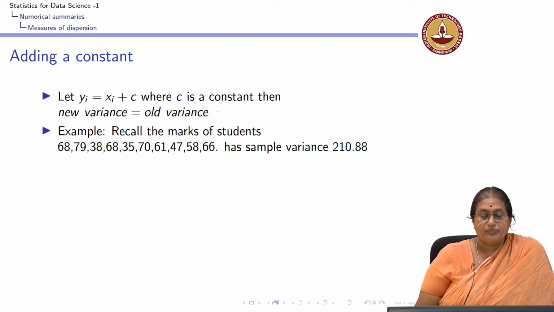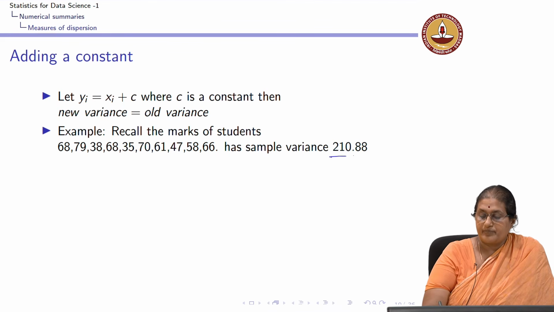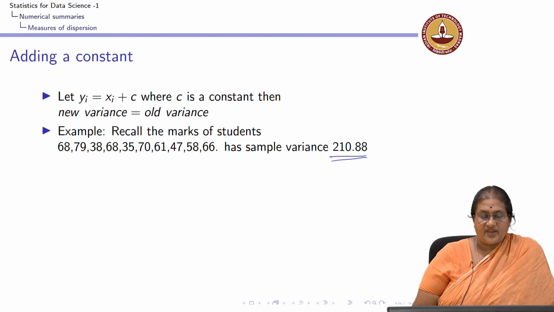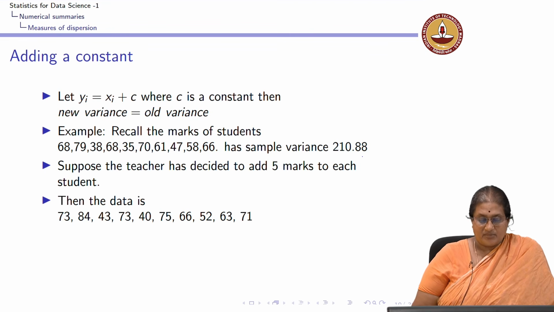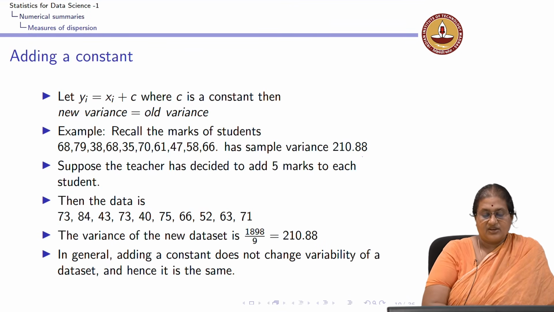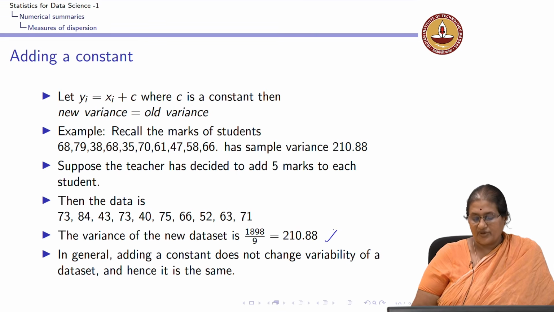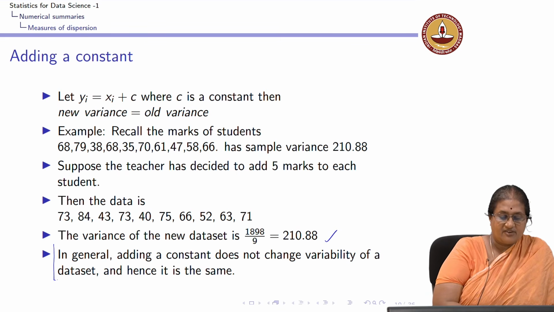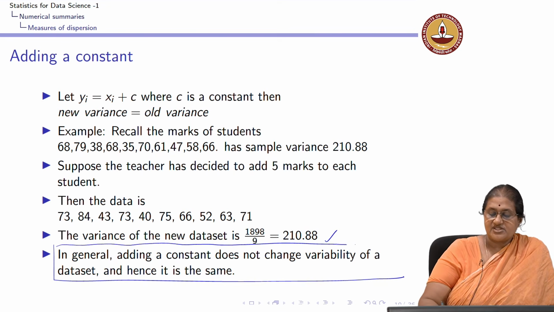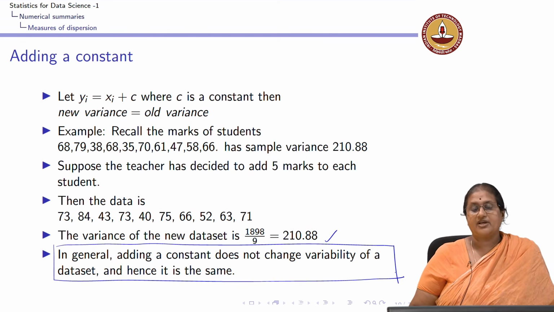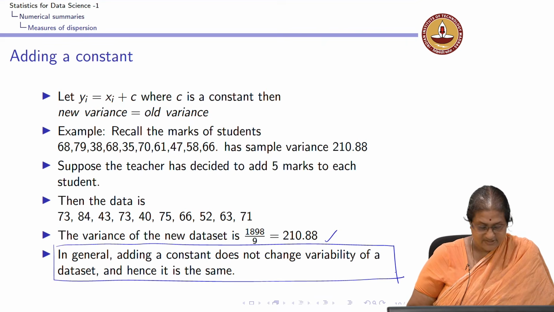Recall, we just computed the marks of the students and the sample variance is 210.88. We add 5 marks. The new data set is this, and you can see that the new variance of this data set is also 210.88. In general, adding a constant does not change the variability of a data set.